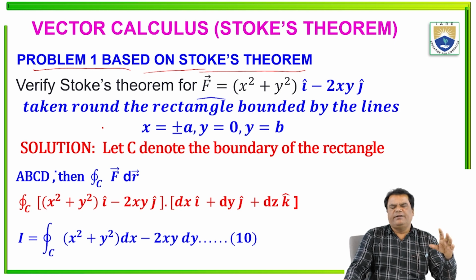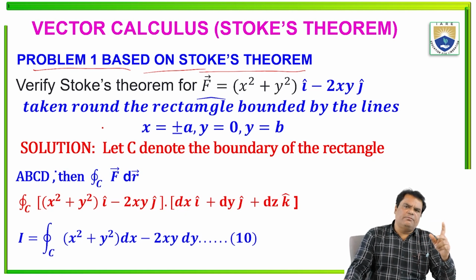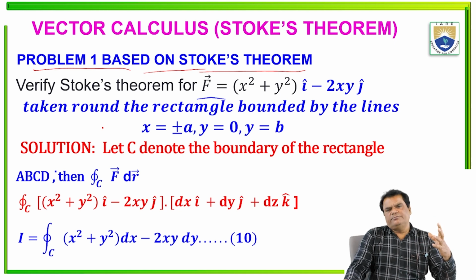In our problems, there are two types of problem. First problem is to verify Stokes theorem. How can we verify Stokes theorem? In the formula of Stokes theorem, there are two sides, left hand side and right hand side.